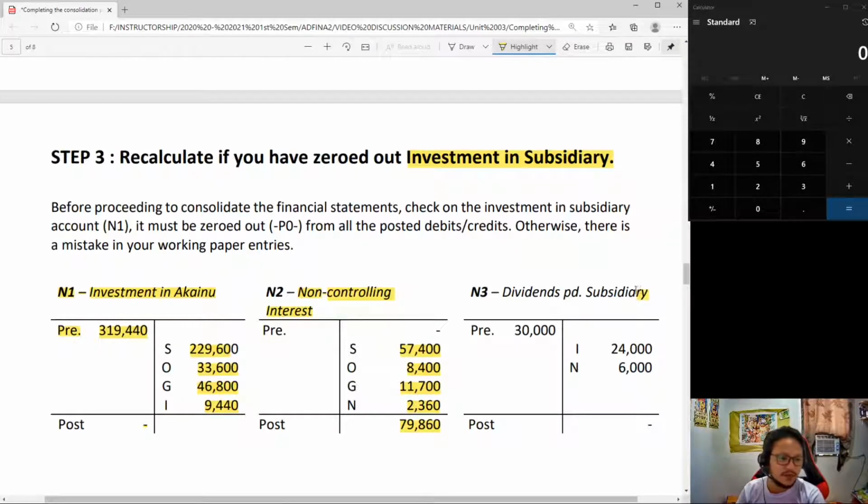Next is your dividends paid. Well, your dividends paid ni subsidiary, kailangang ma-zero out yan. So, in your working paper entries, it will not be presented as so that we can reliably eliminate that in your working papers. Okay? Step 3, recalculate zero investment in subsidiary.